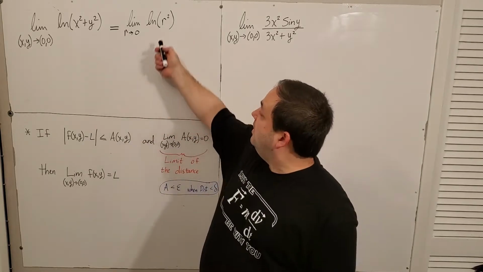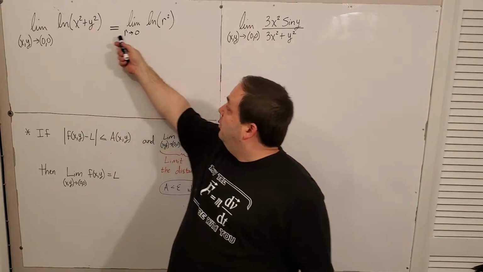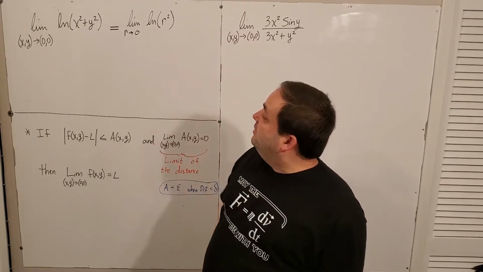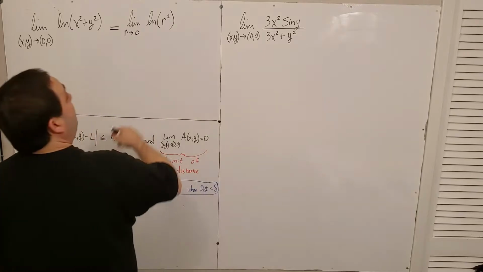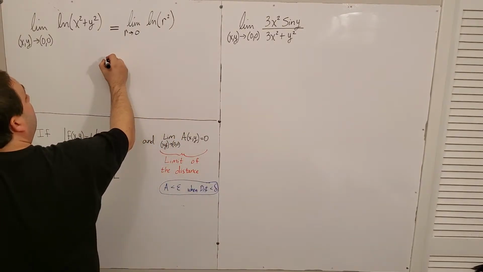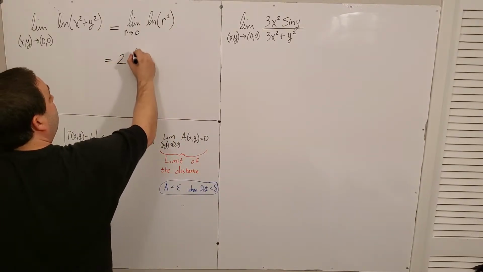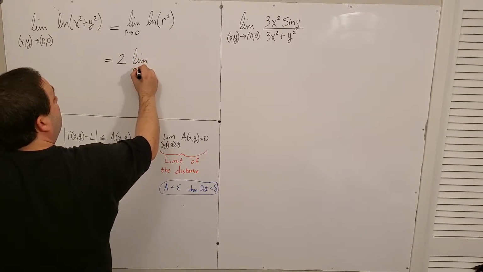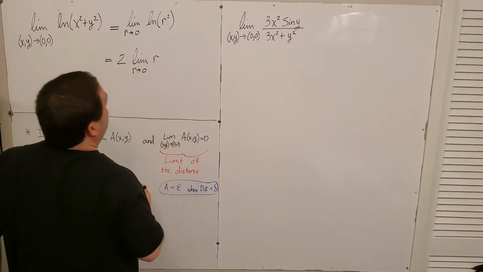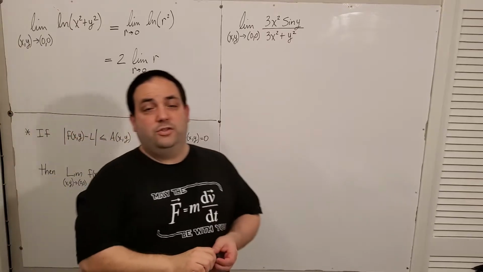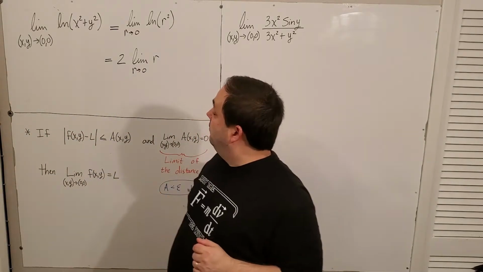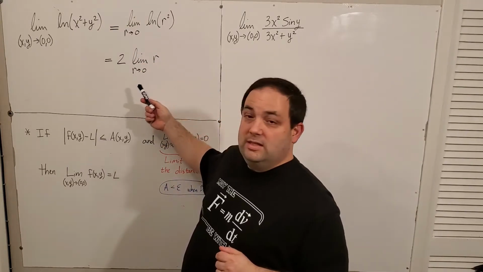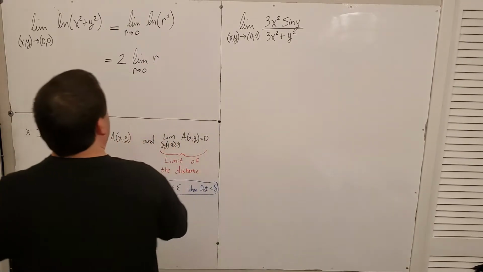So when I convert into polar, I can then do the ln of r squared, which is really just 2 ln r. Now it's back to basically a one variable limit in some light, and we know the answer to this limit. It's negative infinity.